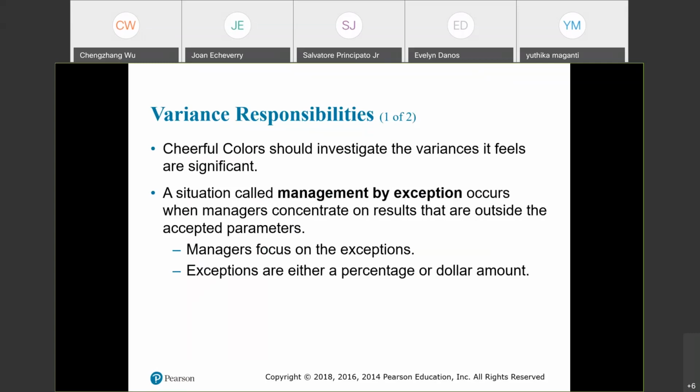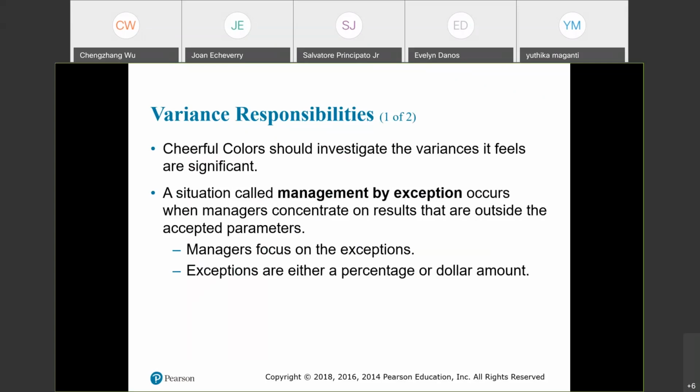For example, a company may investigate any variances greater than 10% of the budgeted amount or $10,000 or more. So for such a company, greater than 10% or greater than $10,000 is regarded as a significant change.